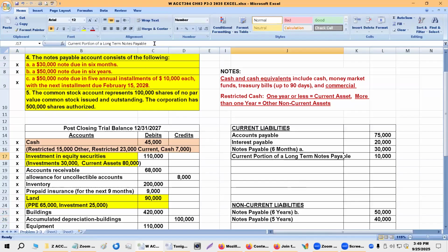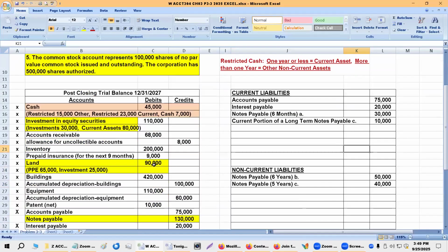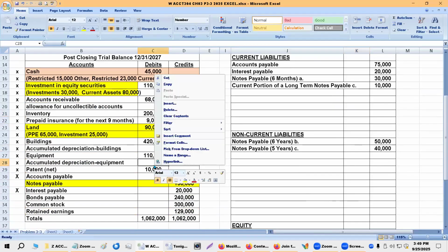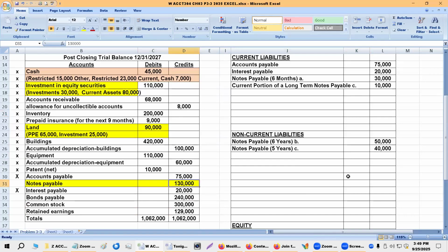I'm just doing it so... And this is C. And all those should add up to 130. And they do.